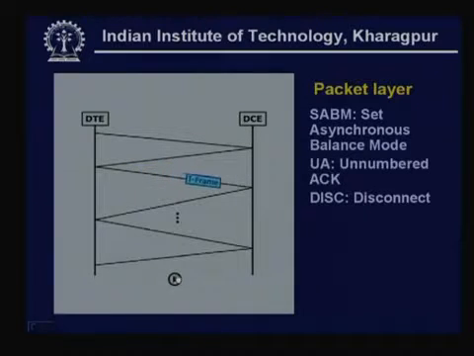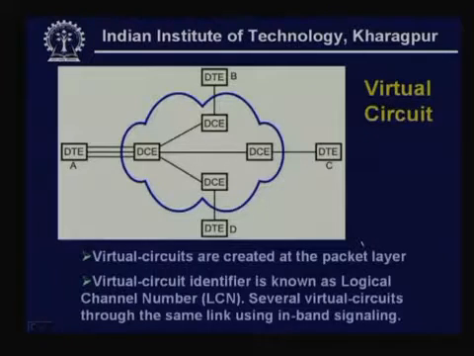An information frame can go here, and an acknowledgement comes. Not only one but several such data frames can be transferred before the link is disconnected by sending a disconnect frame, and an acknowledgement comes in the form of an unnumbered acknowledgement from the other side. So each time, this type of virtual circuit is created by using this protocol.